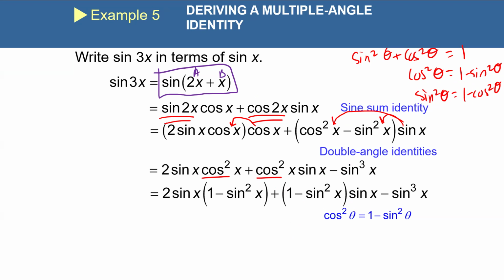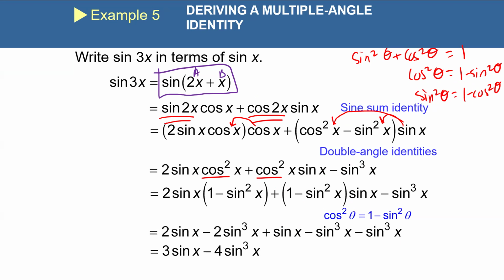And now my expression is fully in terms of sine. Then you clean it up. So now you're going to distribute and combine like terms. After you distribute and combine like terms, it's completely in terms of sine. So in conclusion, sine 3x, its rule would be that.